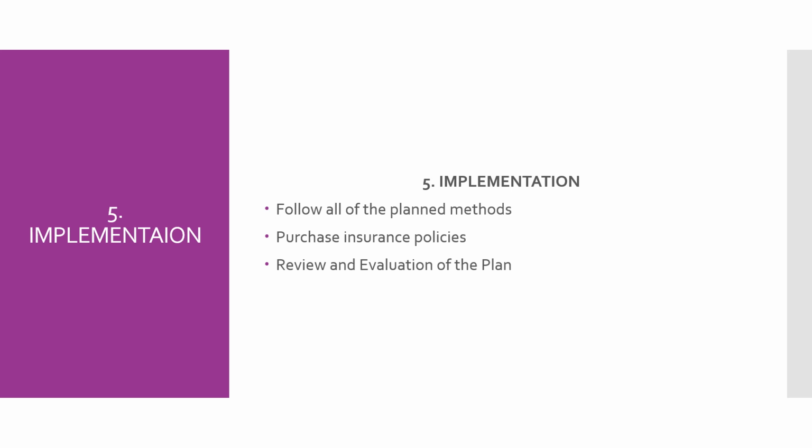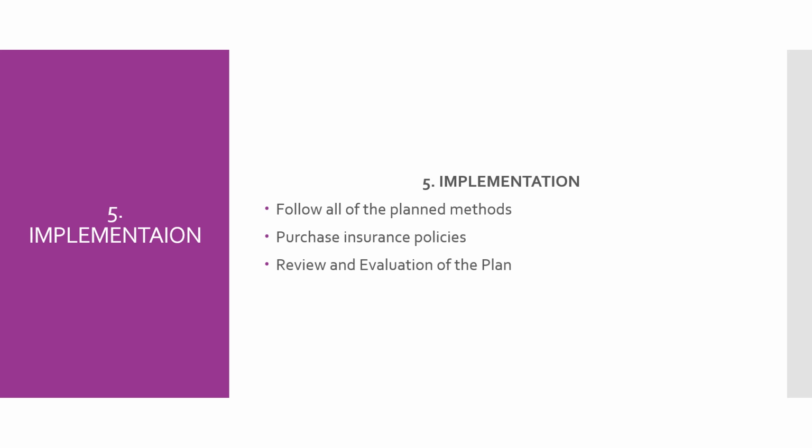After implementing, after following all the planned methods, and after purchasing an insurance policy whenever necessary, we have to make sure that we review and evaluate the plan: how effectively it is going on, how effectively it is managing this risk, or how effectively it is avoiding those risks that need to be taken into consideration.